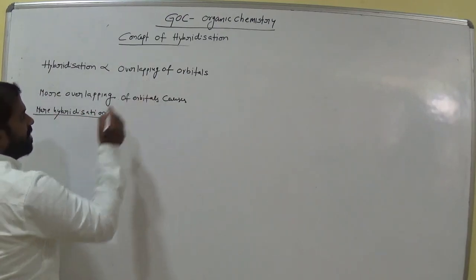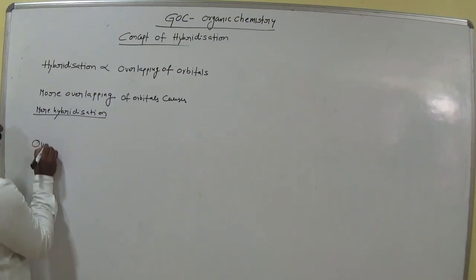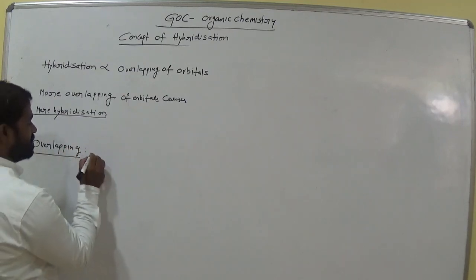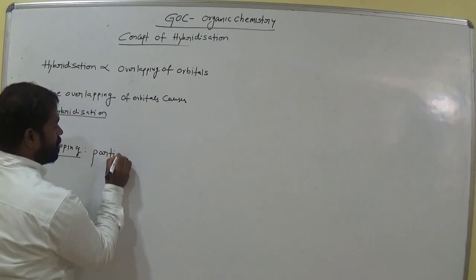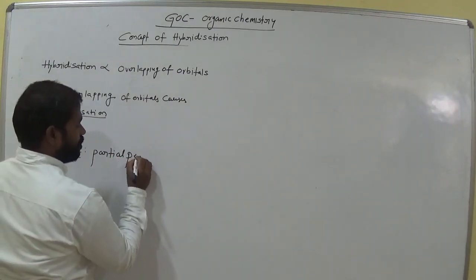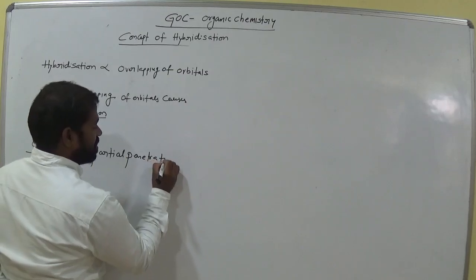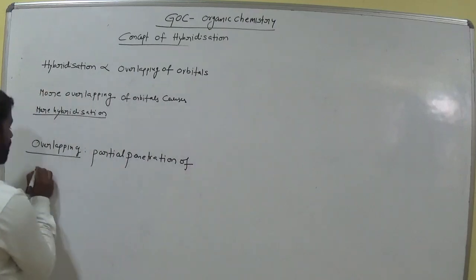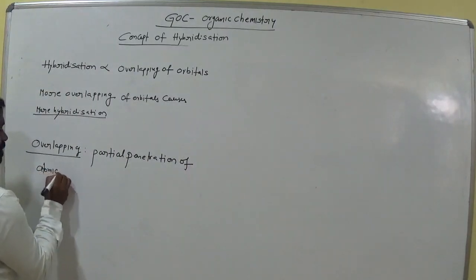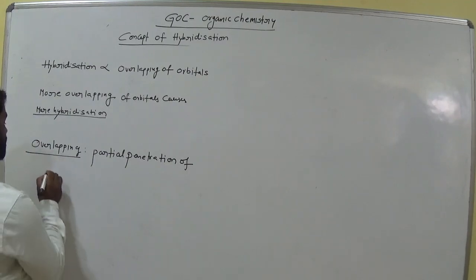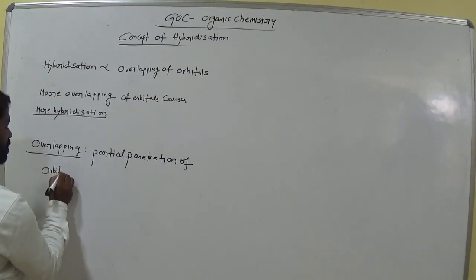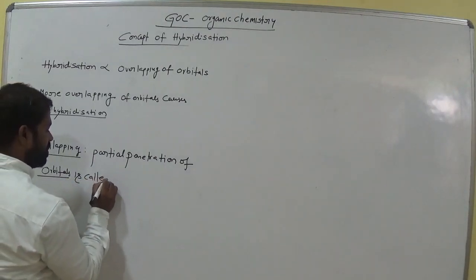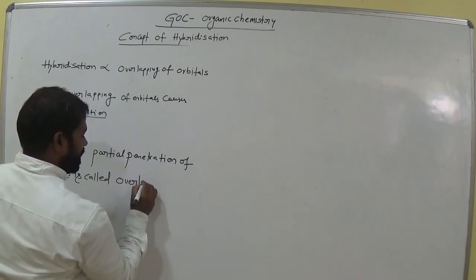Now what is overlapping of orbitals? Partial penetration of atomic orbitals is called overlapping.